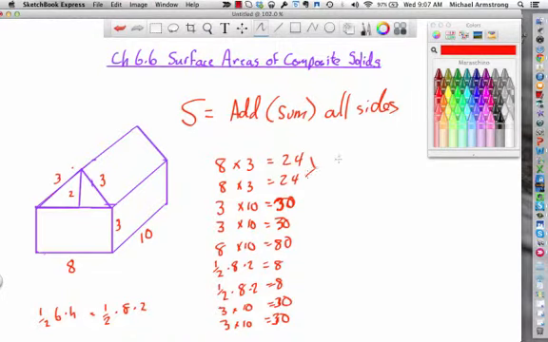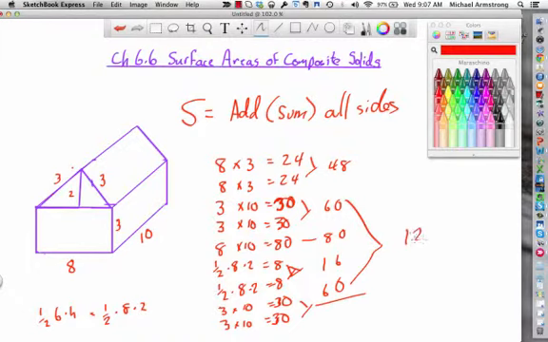This is 48. This is 60. We'll just bring the 80 over, and 8 and 8 is 16, and 30 and 30 is 60. It could be kind of fun to add the 60s together and get 120. Then we just bring in this 80.